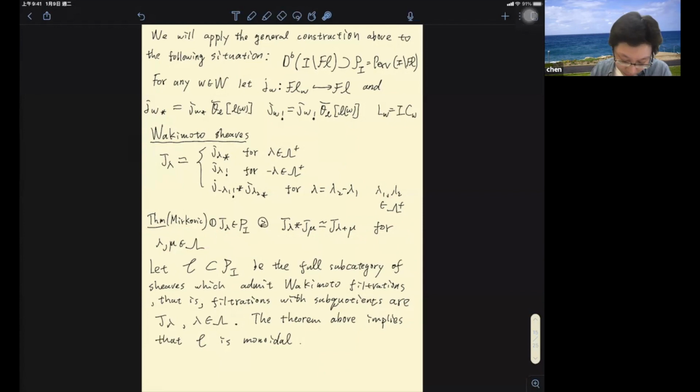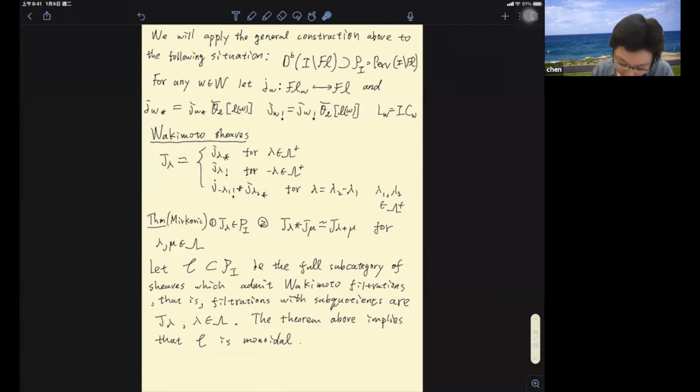And now, because of those two properties, we can define this C to be the full subcategory inside these perverse sheaves which admit so-called Wakimoto filtrations. So namely, consider those objects that have a filtration with subquotients these Wakimoto sheaves J lambda, where lambda is in our coweight lattice. And the theorem above implies that this has a natural monoidal structure.